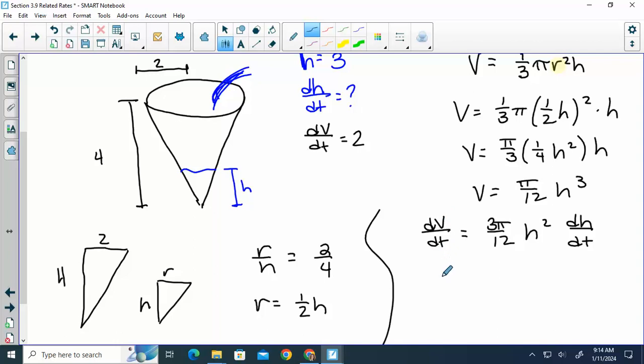So we can plug in what we know. dV/dt was 2. 3 pi over 12 reduces to pi over 4, which is times 3 squared.